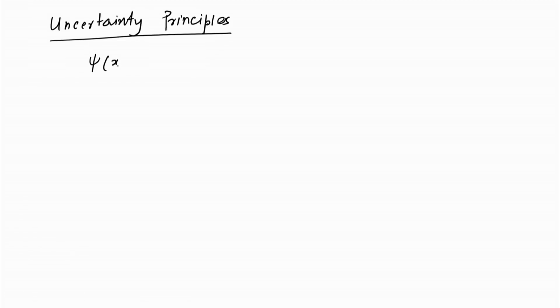So, if psi is related to the existence of a particle at a given space time point, the probability of finding a particle at a space time point is given by psi mod square of x, if we talk in one dimension. So this is the probability of finding a particle.